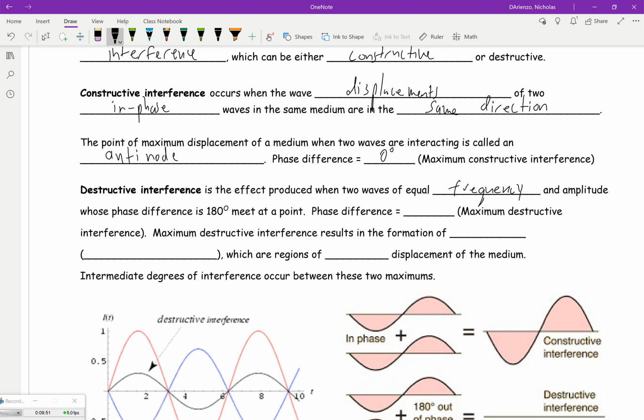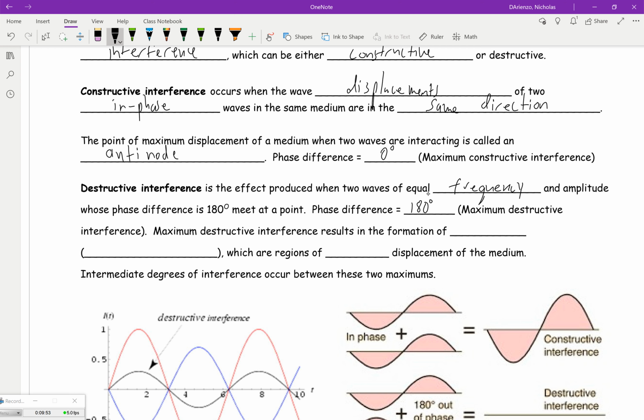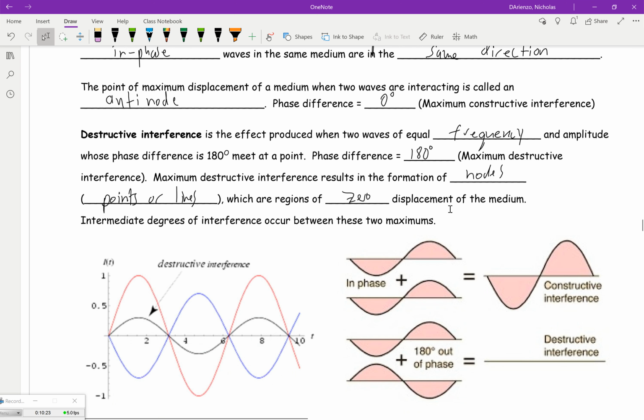So the phase difference is 180 degrees, which means maximum destructive interference, and that's going to result in the formation of nodes, which can be points or lines. And these are regions of zero displacement of the medium. And we can have intermediate degrees of interference here as well, between these two maximums of 0 degrees phase difference and 180 degrees phase difference.